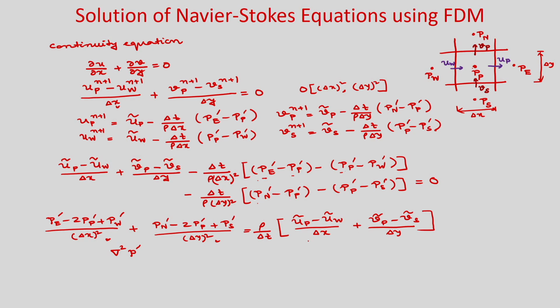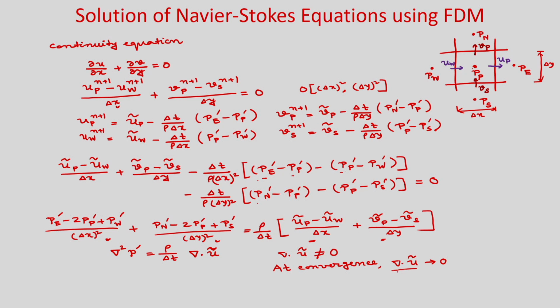And the right hand side, you see, is nothing but the divergence of u tilde. That means whatever provisional velocity you are getting, if you satisfy the continuity equation for that, then you will get rho by delta t times divergence of u tilde. Initially the provisional velocity will not satisfy continuity, so the divergence of u will not be 0, but at convergence the divergence of u prime will tend to 0.